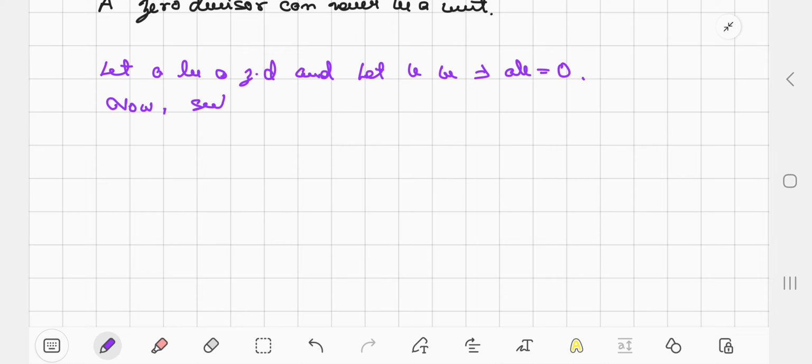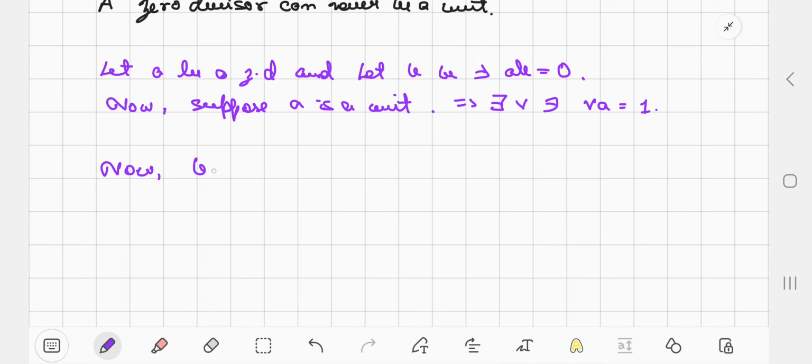Now suppose A is a unit as well. This implies there exists some element V such that VA equals 1, right? But then observe that B is equal to 1 times B, but I can write 1 as VA.